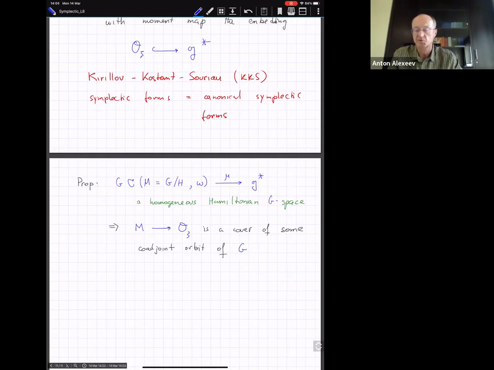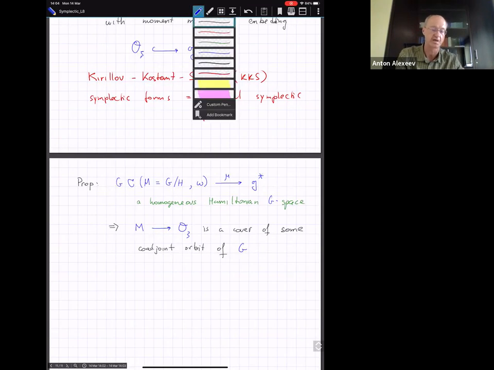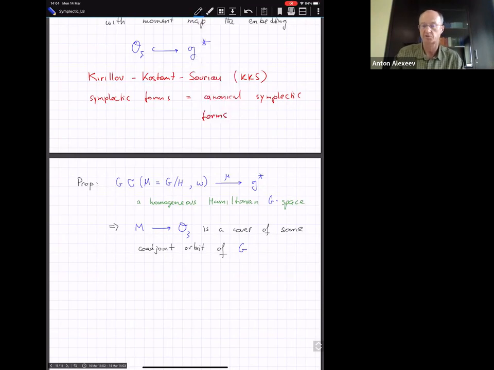And it turns out that if you look at homogeneous spaces, basically you have coadjoint orbits and their covers, finite or infinite covers, depending on the situation. Of course, in many situations, there are no non-trivial covers at all. So if your coadjoint orbit turns out to be simply connected, then it doesn't have any covers. So then that's it: if you have a homogeneous space, it is just a coadjoint orbit.